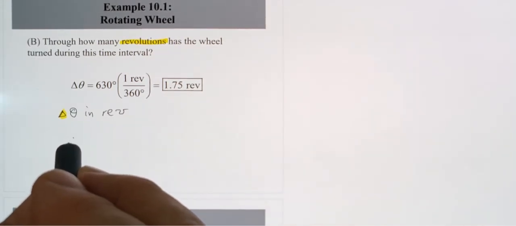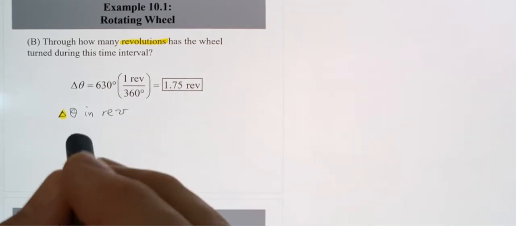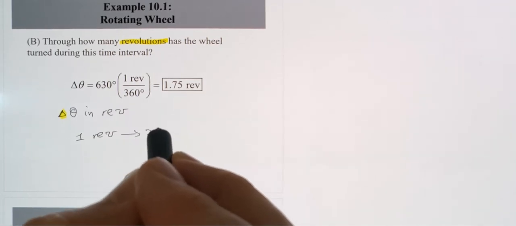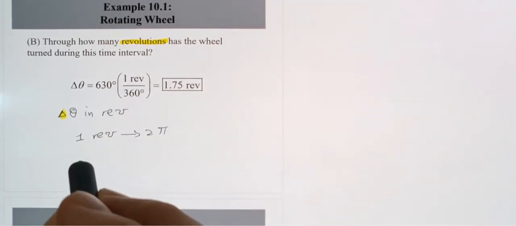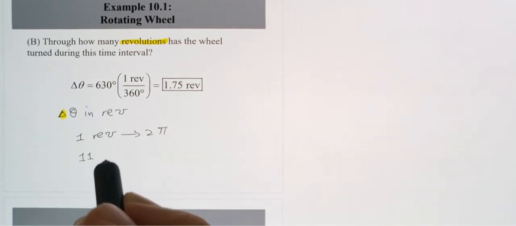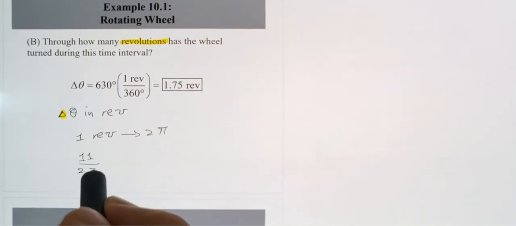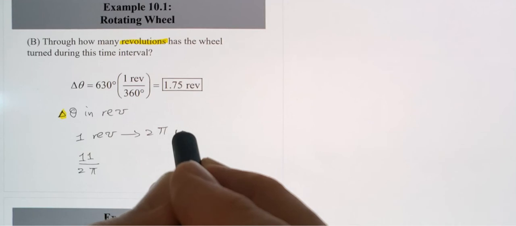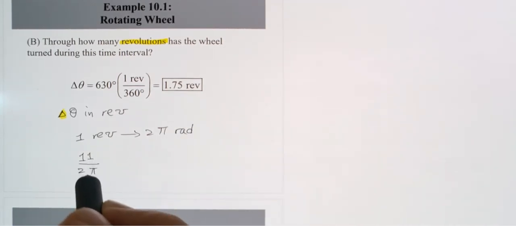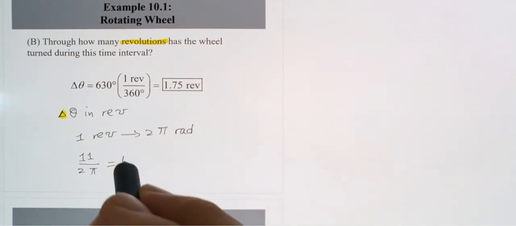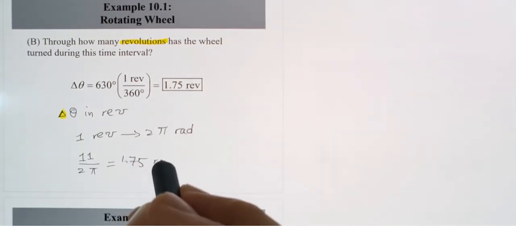Well, one revolution is equivalent to 2 pi. That means one revolution is equal to 2 pi radian. So 11 radian is equivalent to 1.75 revolution.